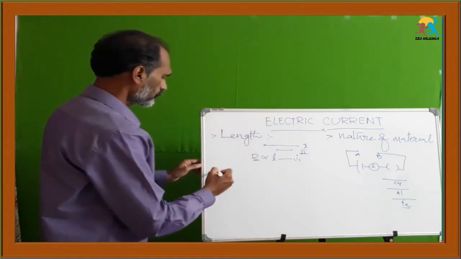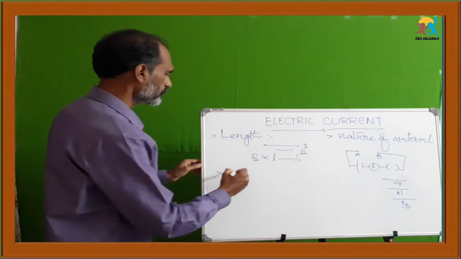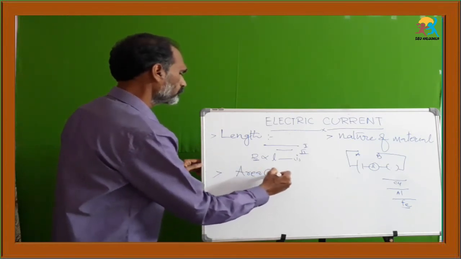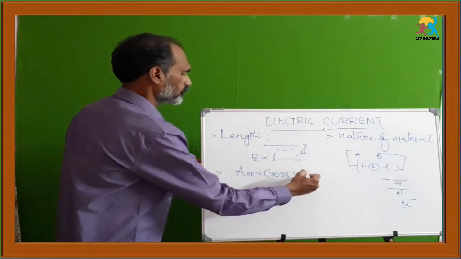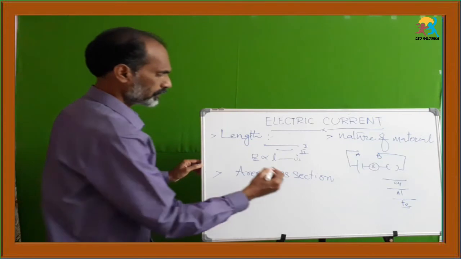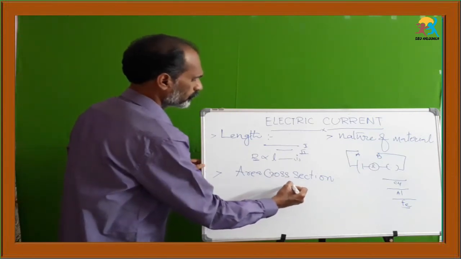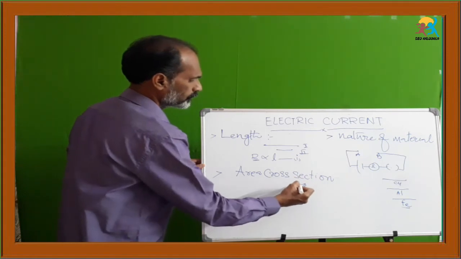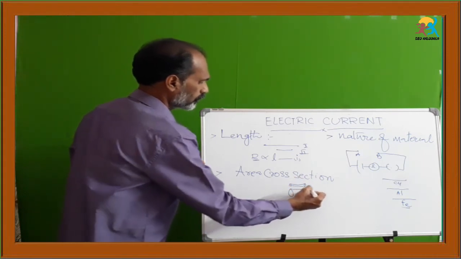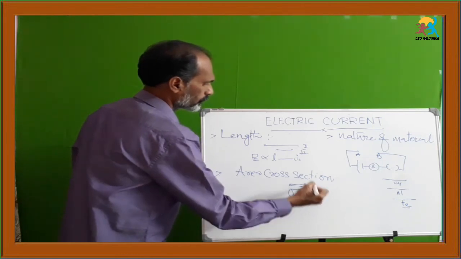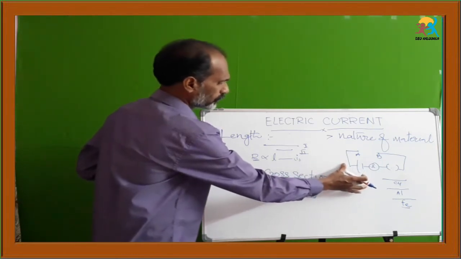And the next influential characteristic is the area of cross section. If you take two copper wires of different thickness, this is a smaller thickness and this is a higher thickness. Take the same circuit.